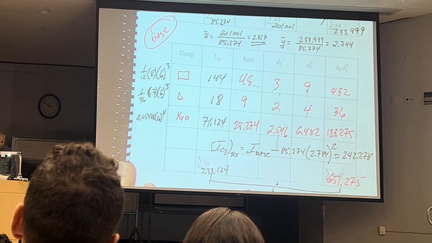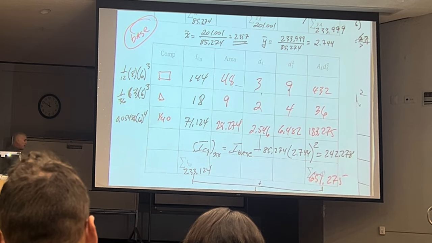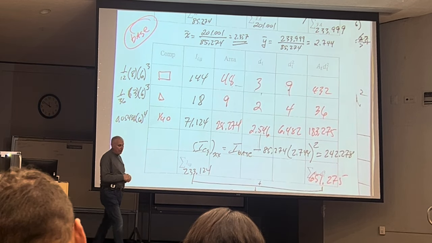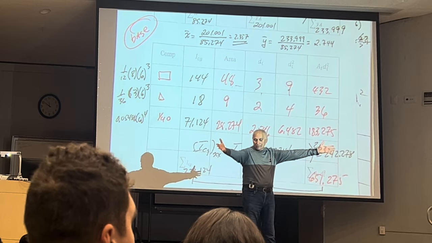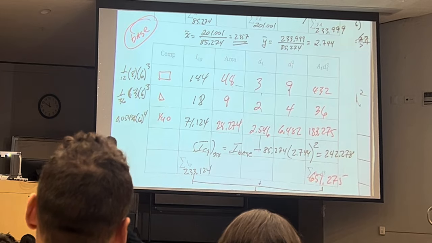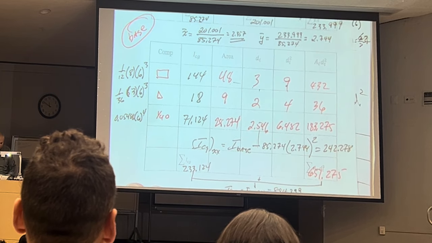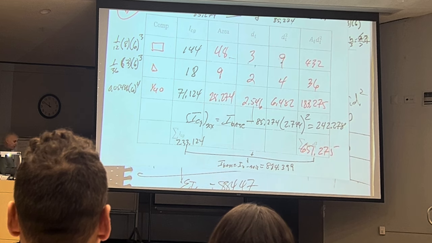This table? You didn't have all the numbers. Okay, now you have it. Oh, the final answer? There you go. There's the final answer: 242.278.